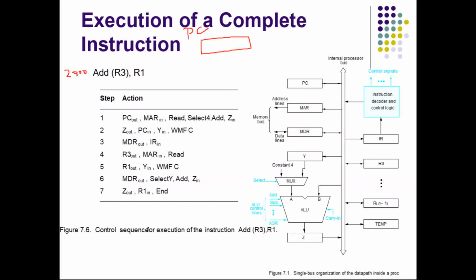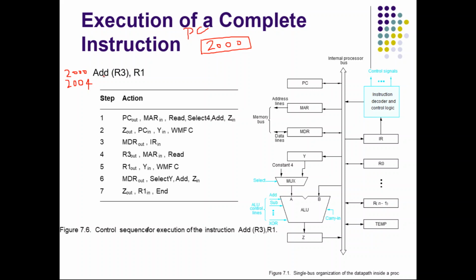The next instruction will be available at address 2004. Now this instruction is not yet executed, so currently PC will point to this instruction, 2000. During execution of this instruction itself, PC will increment. How that happens and how this instruction successfully executes, that's what we are going to discuss.